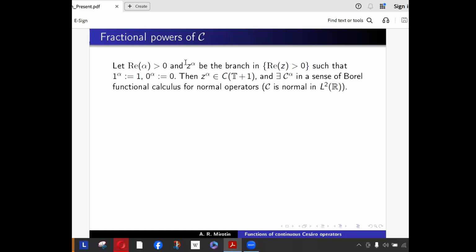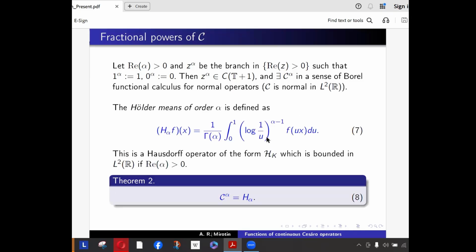We denote by z to the power alpha the branch in the right half plane of the complex plane such that the following two conditions hold. In this case, this function z to the power alpha is continuous on the spectrum of our operator. And so there exists a fractional power of C in the sense of Borel functional calculus for normal operators.